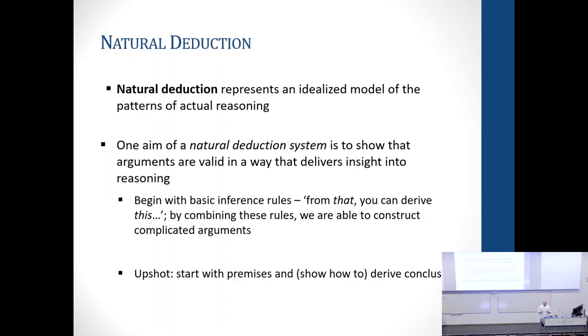We'll have some very basic inference rules, and a natural deduction proof is going to give you a map that walks you from the premises to the conclusion with all of these rules. So the upshot is you know how it is that the premises support the conclusion, not just that they do.